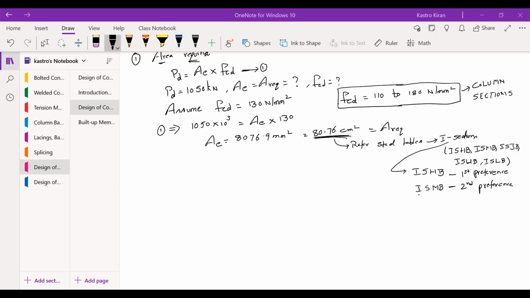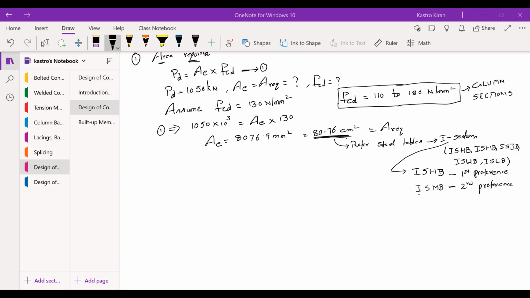If you are selecting a section, it must have an area greater than 80.76 square centimeter. So 85.91 is greater than 80.76, so I'm selecting ISHB 350.